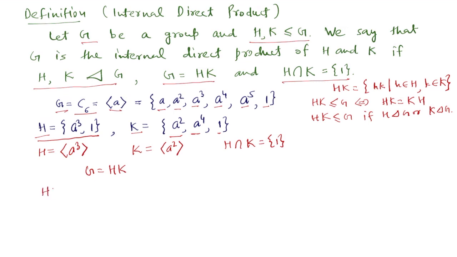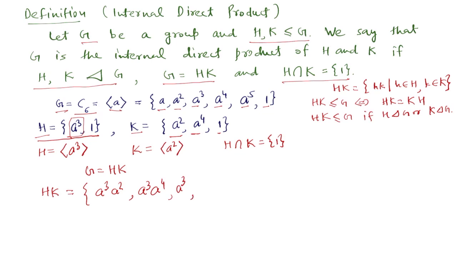Now what is HK? How do we obtain HK? We multiply the elements of H by the elements of K. So let us fix a cube as an element of H. We shall multiply a cube with all the elements of K. So we will get a cube into a square, a cube, a4 and a cube.